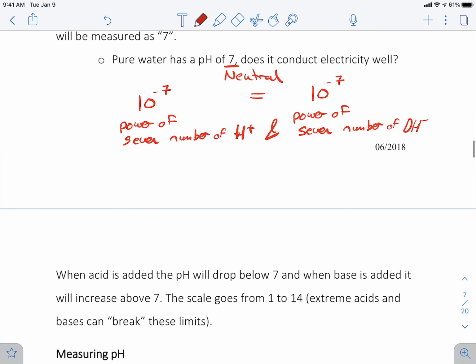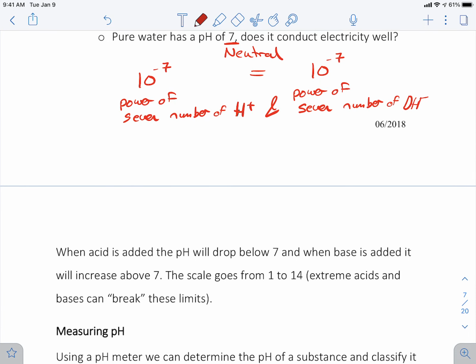So it's equally balanced. When acid is added, the pH will drop because you're adding on that H plus side. So we've kind of got a teeter-totter here. You have an H plus and you have OH minus. If you add acid, you're pushing down on this number and you're going to be drifting towards 1, and this is 7 where it's equal. The more you push down on the hydrogen side, the acid side, the lower the number.